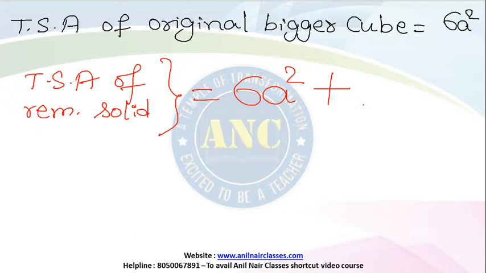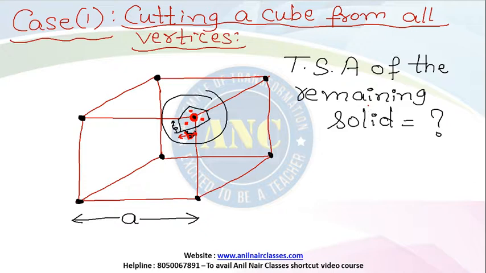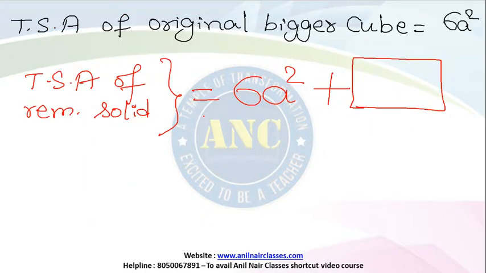That something, as we understood just now, is that there is no profit, because three surfaces are removed after cutting, but internally another three surfaces are created, since a cube has 6 surfaces in total. So 3 minus 3, the difference is 0. So the total surface area of the remaining solid is 6a square plus 0, which is nothing but 6a square itself.